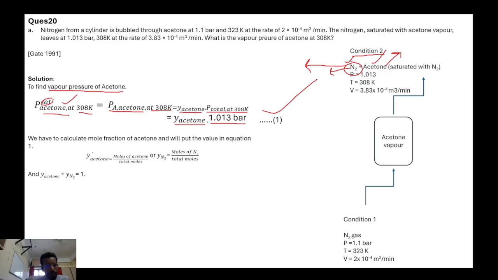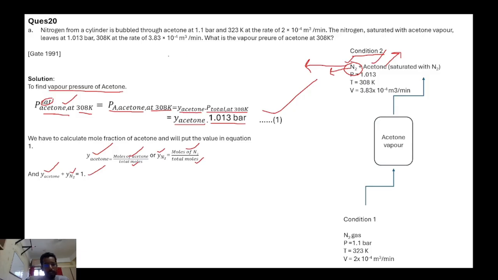We know that the mole fraction of acetone is equal to moles of acetone divided by the total moles. Similarly, the mole fraction of N2 is moles of nitrogen divided by the total moles. And we know that the mole fraction of acetone plus the mole fraction of nitrogen will be equal to 1 always.